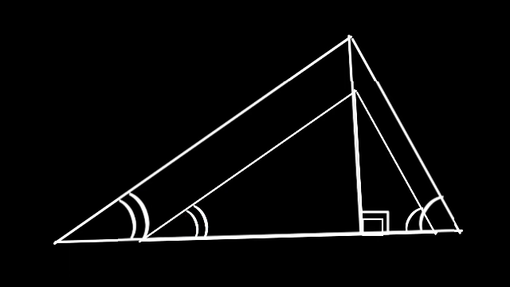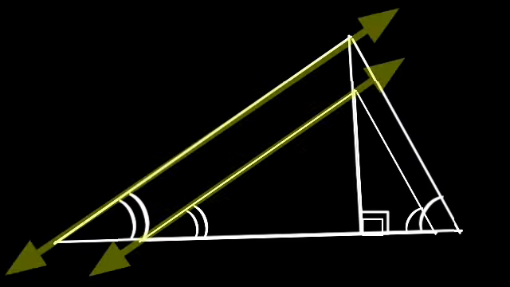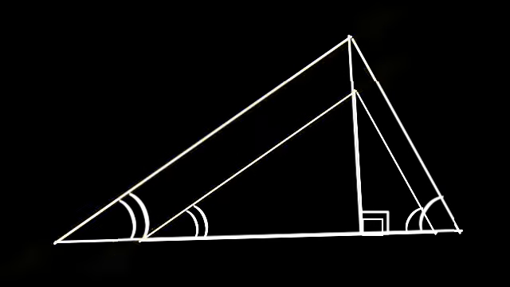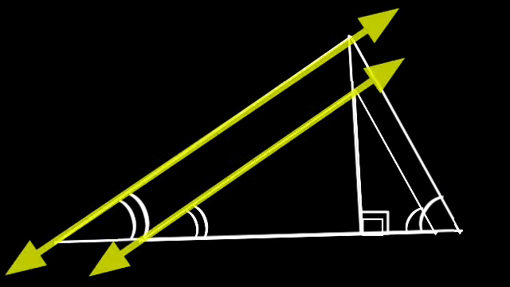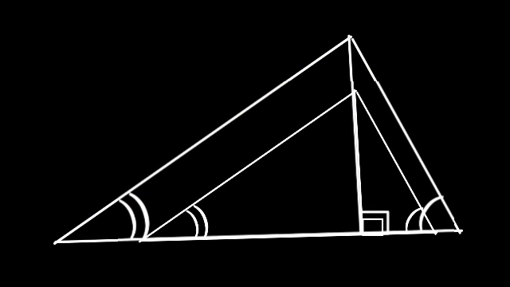angles are 90 degrees. Hence, both right angle triangles are similar to each other by the AA test. Hence, this side is parallel to this side. By the BPT theorem, we can prove that the ratio of these two segments is equal to the ratio of these two segments.